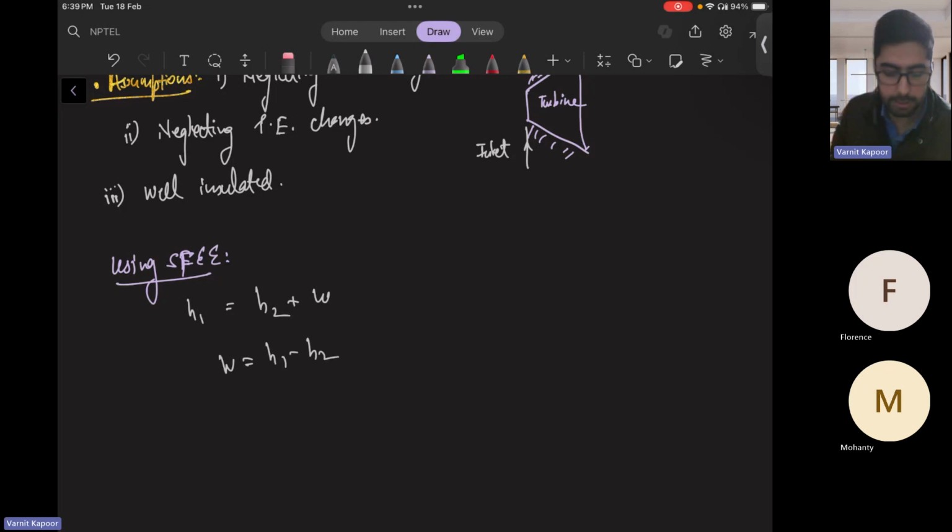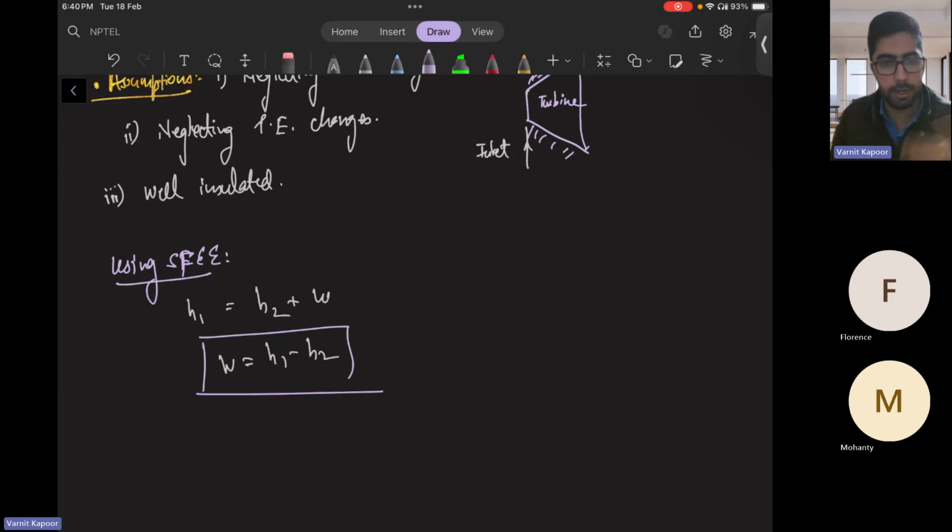It is H1 minus H2. The working fluid has more energy at the inlet, that is H1, and less at the outlet. That's why it is H1 minus H2. But if you reverse this, H2 minus H1, that will be a pump. So a turbine is a work producing device, whereas a pump is a work absorbing device. All right, so this is your work output from the turbine.